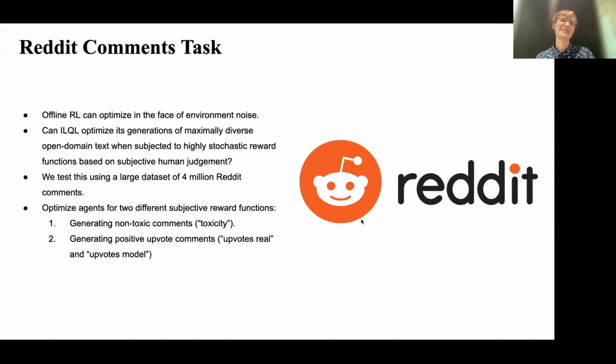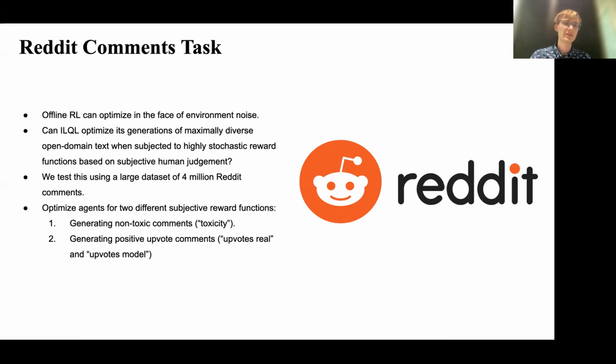Okay, so now the next experiments we tried was this. Offline RL, an interesting thing about it is that it can optimize things in the face of a lot of noise. So these Q functions are representing expected values over the data, so it's averaging out a lot of noise.